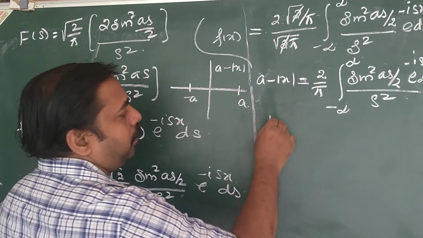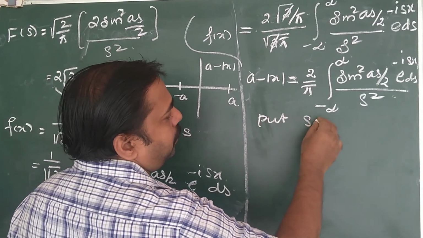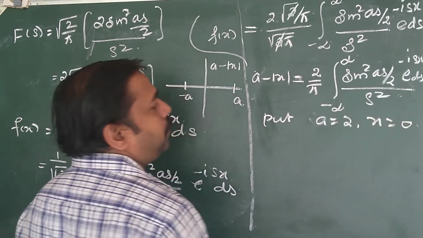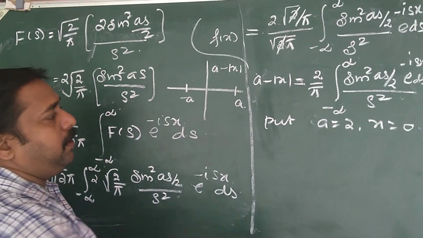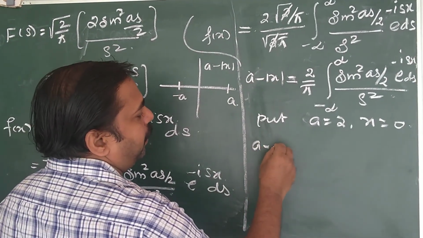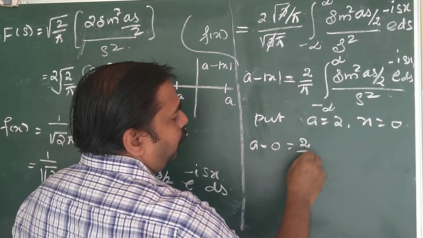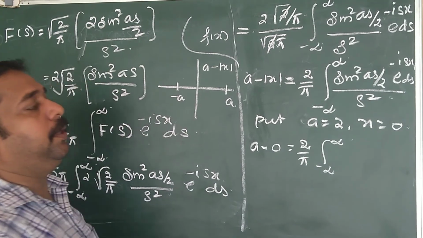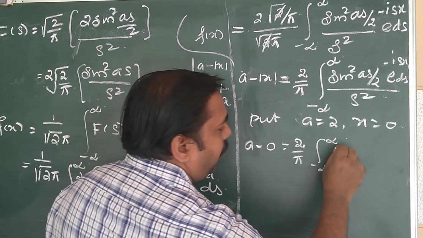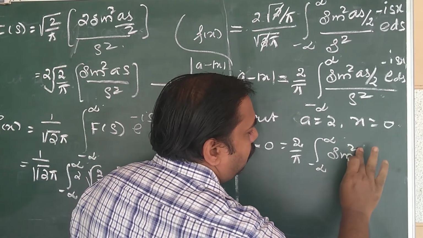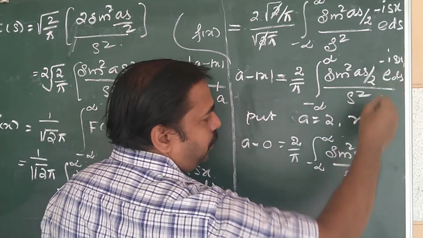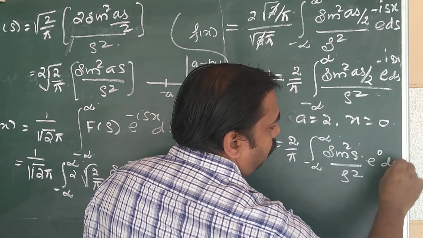So put a is equal to 2 and x is equal to 0. So that is a minus 0 equal to 2 by pi integral minus infinity to infinity sin square s by s square, e raised to 0 is equal to 1.